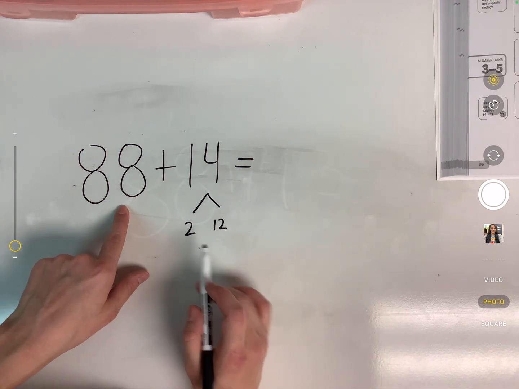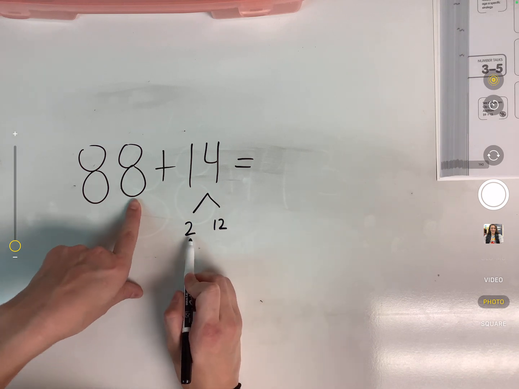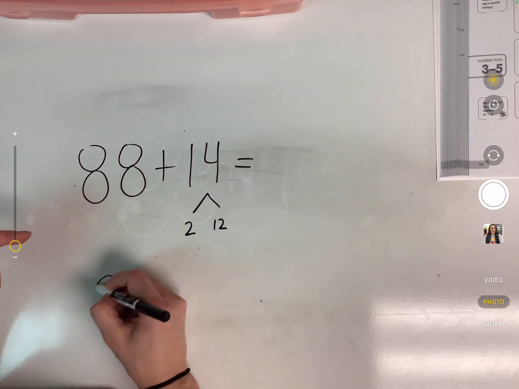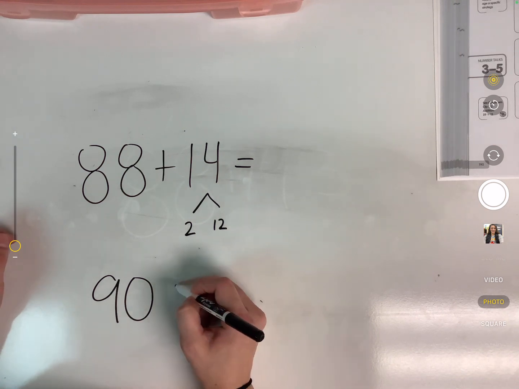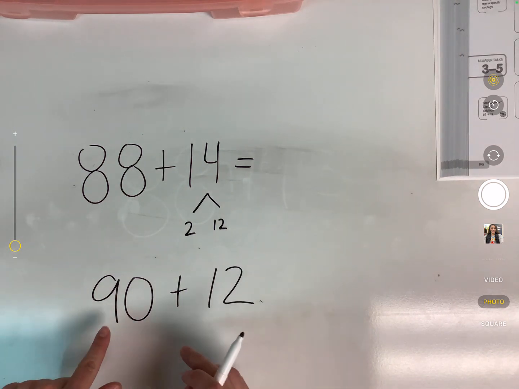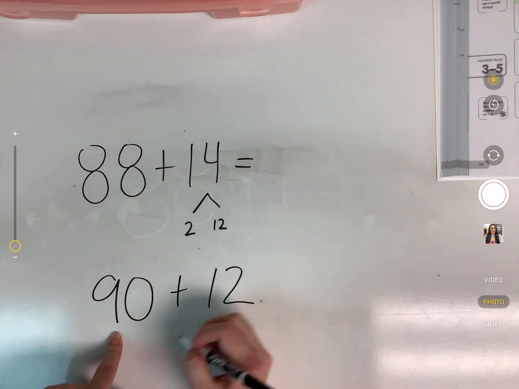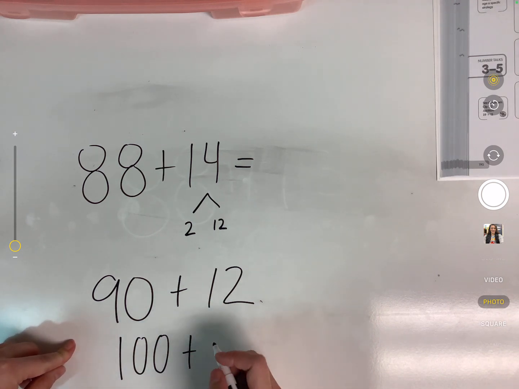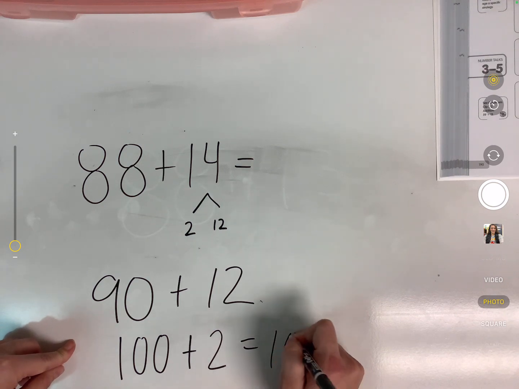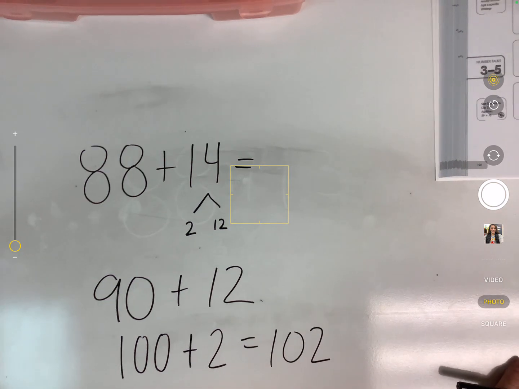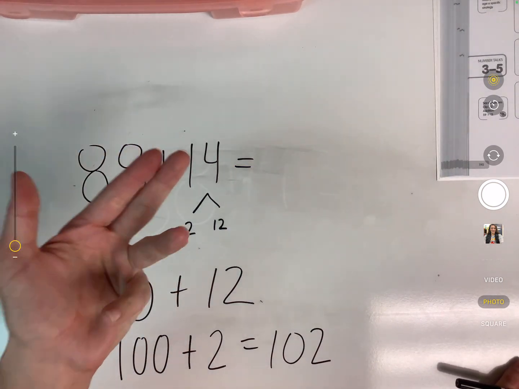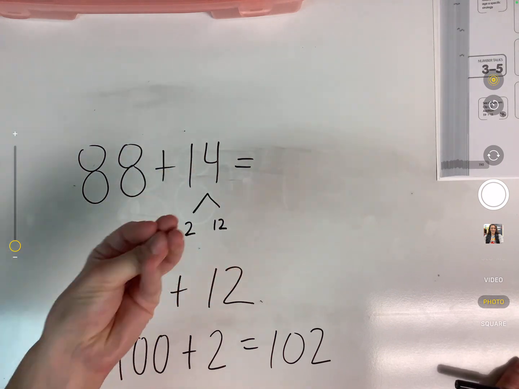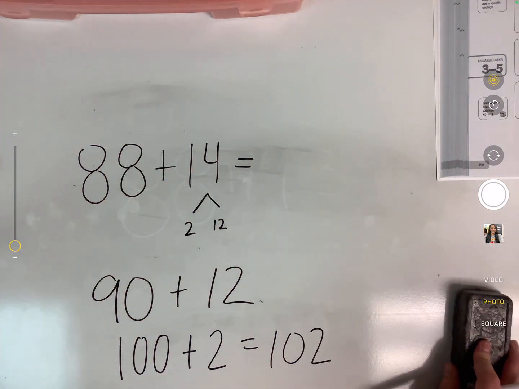I could take 88 plus 2, because I know 8 plus 2 is 10, so I could get 90. Then I need to add 12. Well, I know that 90 plus 10 is 100. And then I need to add that 2, right? And I get 102. Instead of going 88, 89, 90, 91, and so on, that takes a really long time.